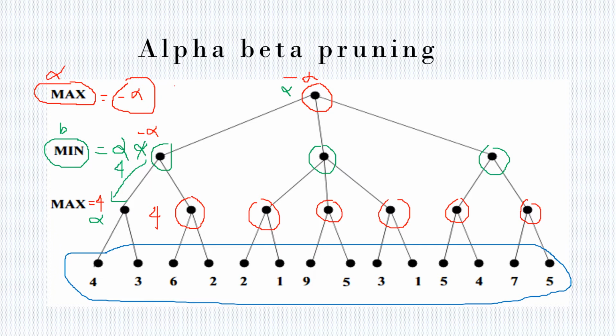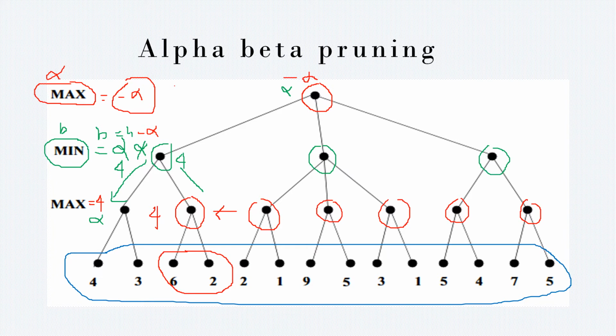So the value of this node is equal to 4, and the value of beta of Min is equal to 4. Now Min will look at this node, and this node belongs to Max, so Max will search these two nodes.